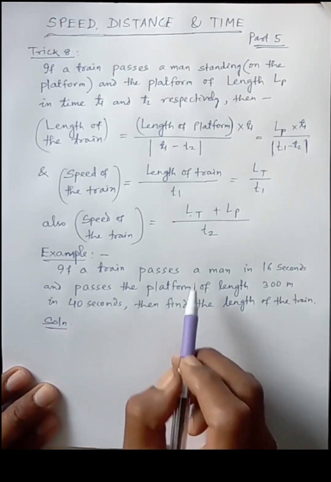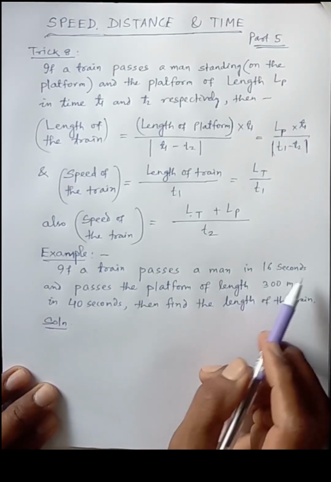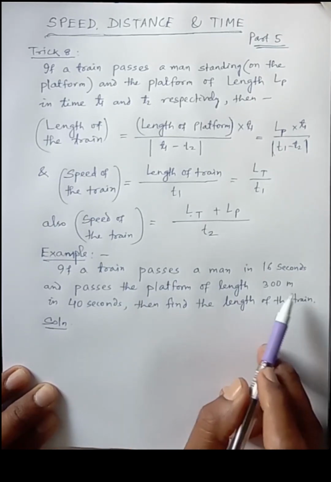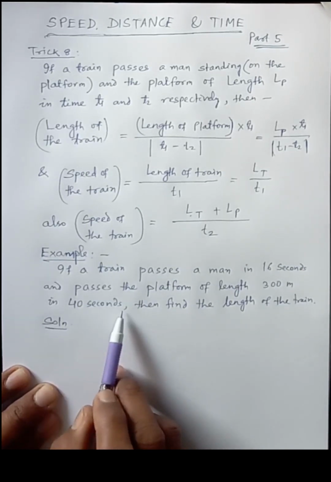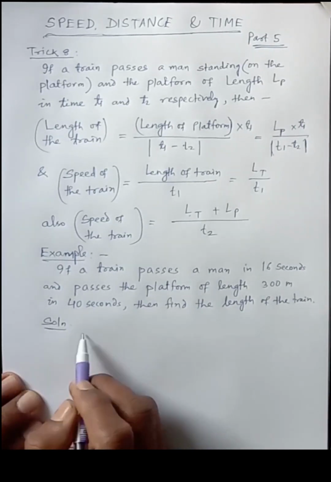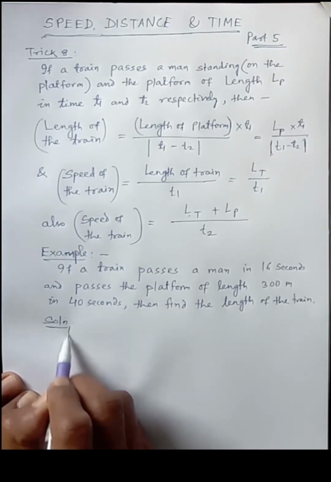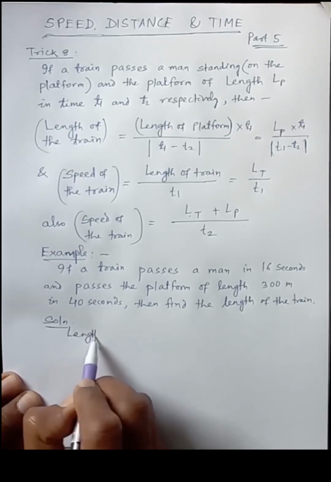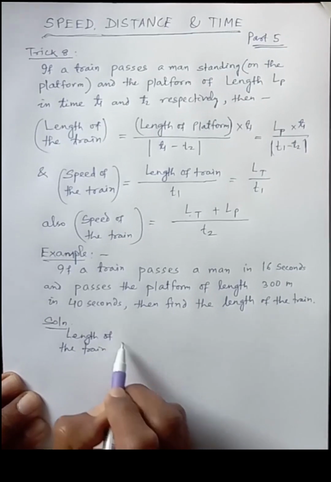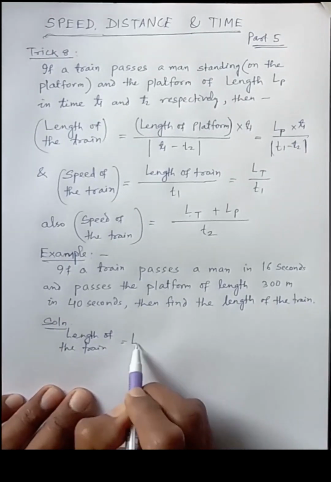Example: if a train passes a man in 16 seconds and passes the platform of length 300 meter in 40 seconds, then find the length of the train. Solution. Length of the train is equal to LT.